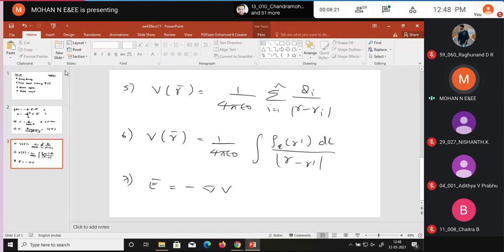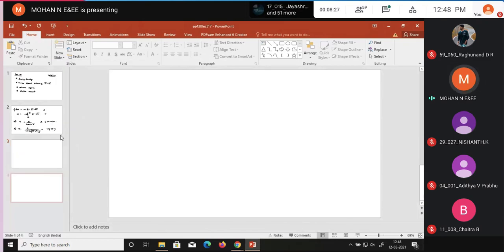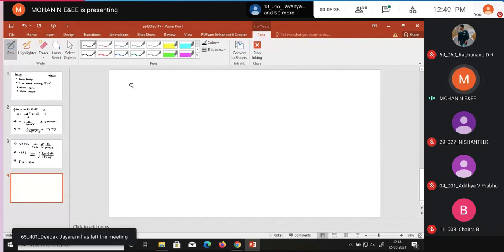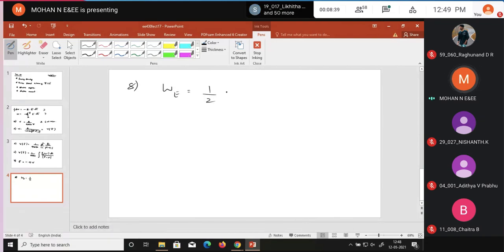This also we have seen, and we have discussed the energy stored in the electrostatic field. That is WE, half into summation of i equal to 1 to N Qi into Vi.